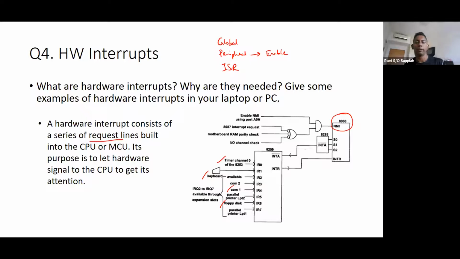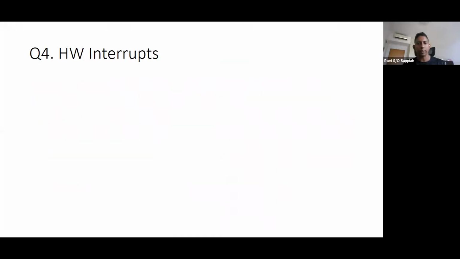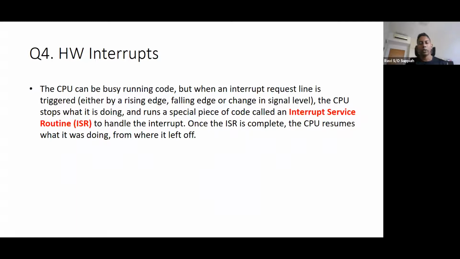Even in your laptop or PC, you have a lot of devices and subsystems that can generate interrupts, so your processor must be able to handle these requests as and when they come in. As we saw, you already have some main code running, and when the interrupt is triggered, the request is sent to the processor.